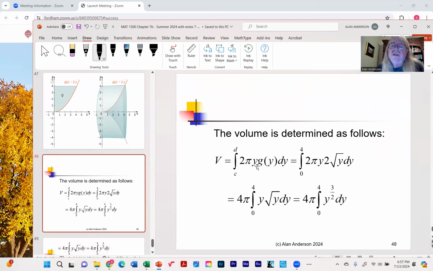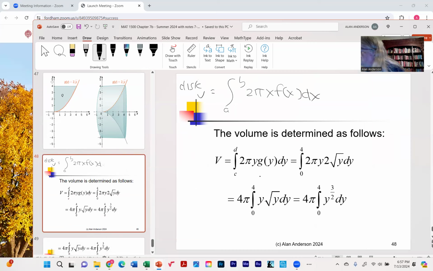We have 2 pi, except instead of 2 pi, from A to B, before we had this. And so shell tells us to do this. We're now rotating the other direction.